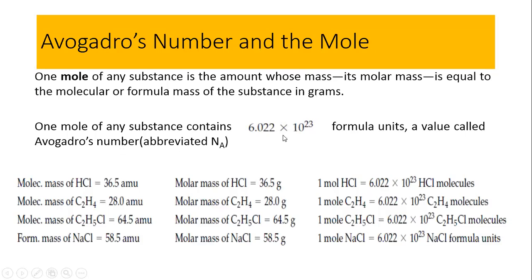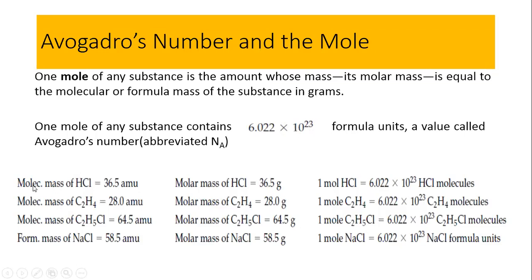This is very similar to using the term dozen, like 1 dozen oranges, 1 dozen eggs. So Avogadro is actually giving you the figure, that means 6.02 x 10^23 of any unit.